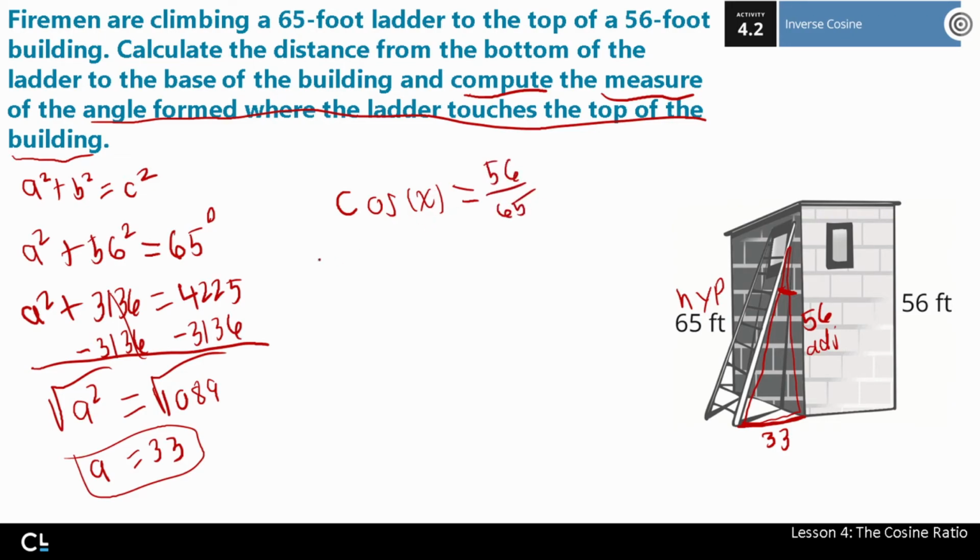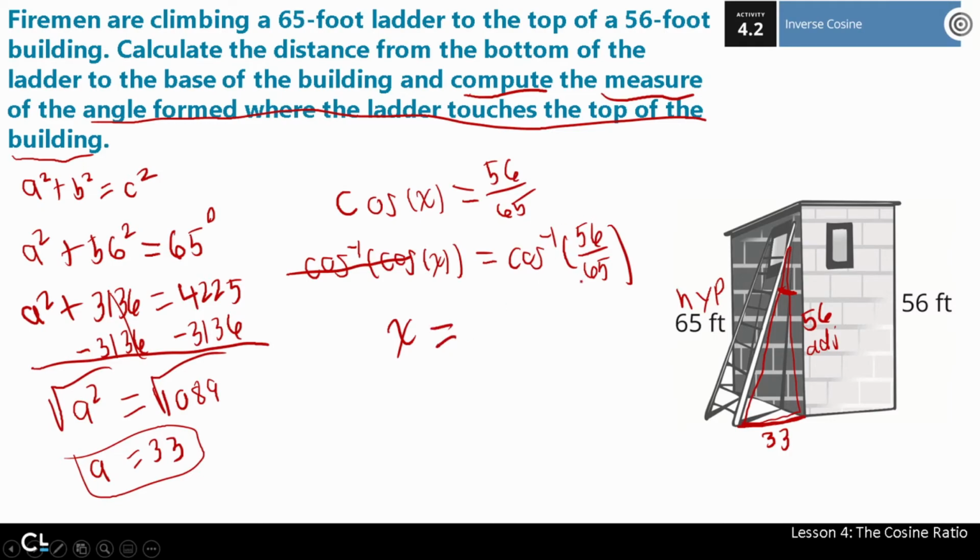But if I want to find the angle measure, we write this as our cosine inverse. So we'll say cosine inverse of cosine x is equal to cosine inverse of 56 over 65. What we do to one side, we have to do to the other. Here, cosine inverse and cosine cancel. We're left with x equals, and we plug this into our calculator: cosine inverse of 56 divided by 65.